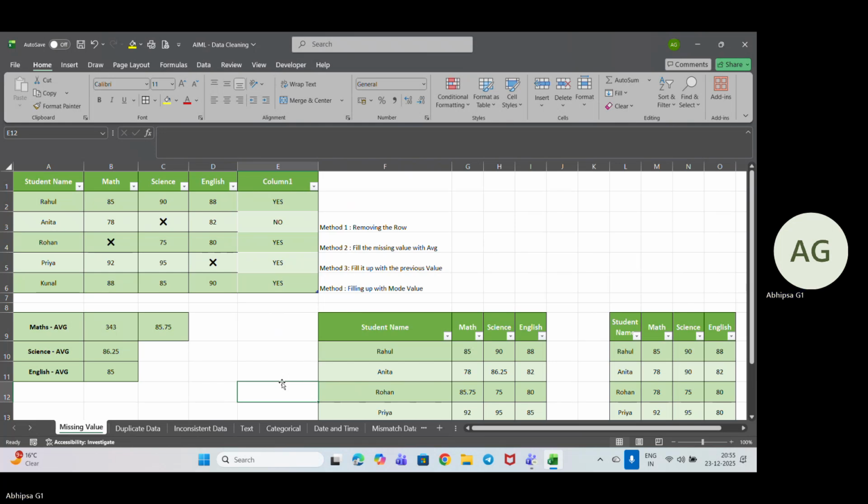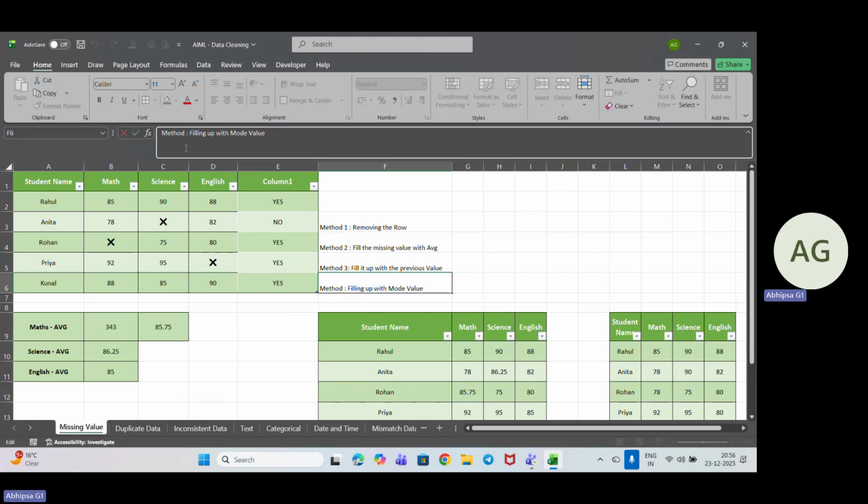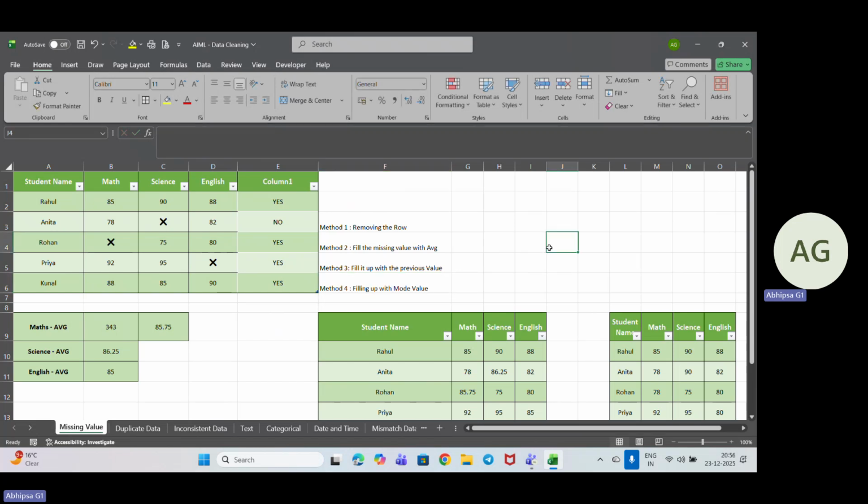Okay, now we have discussed four methods: method 1, method 2, method 3 and method 4. Method 1 is removing the rows, which we can do when few missing rows are there, then we can delete those missing values. Next, fill the missing value with the average.